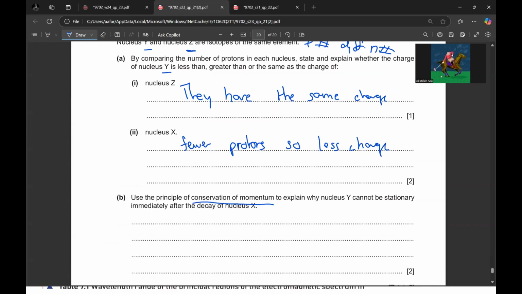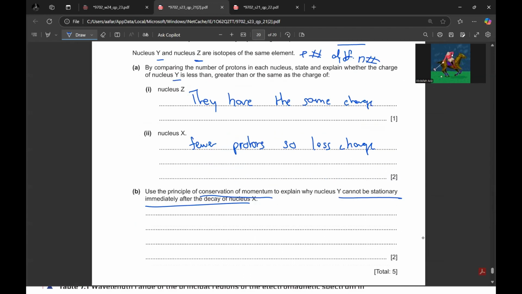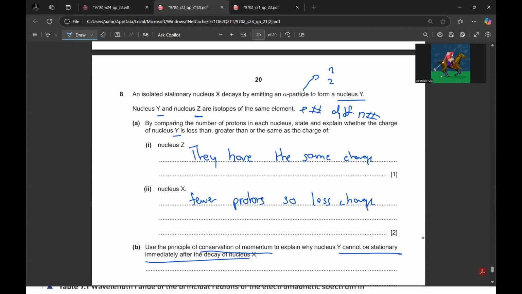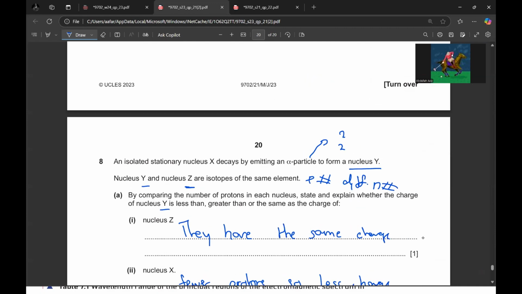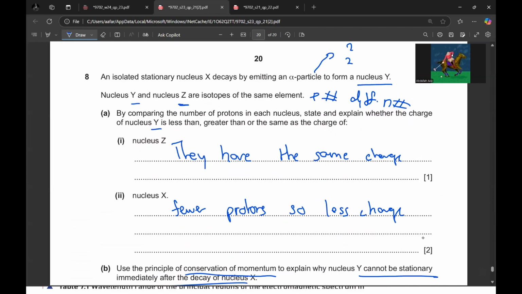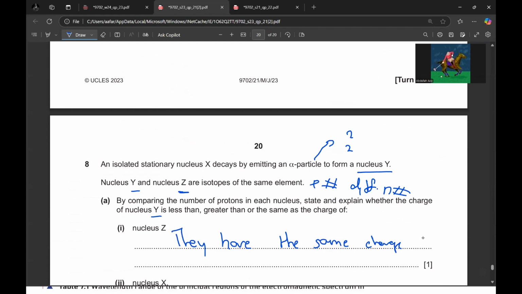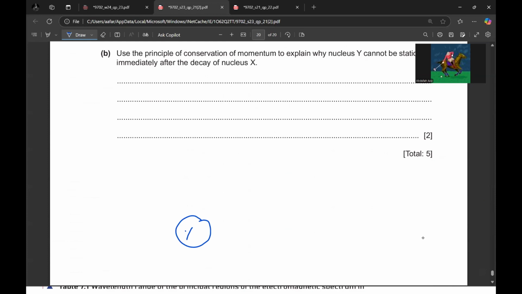Use the principle of conservation of momentum to explain why nucleus Y cannot be stationary immediately after the decay of nucleus X. So basically, what it's saying here is that X is stationary, so it has 0 momentum.